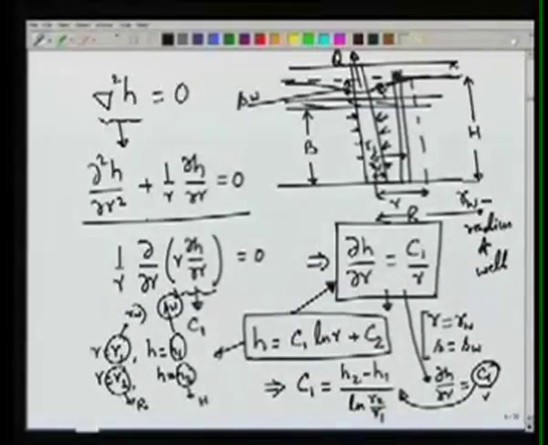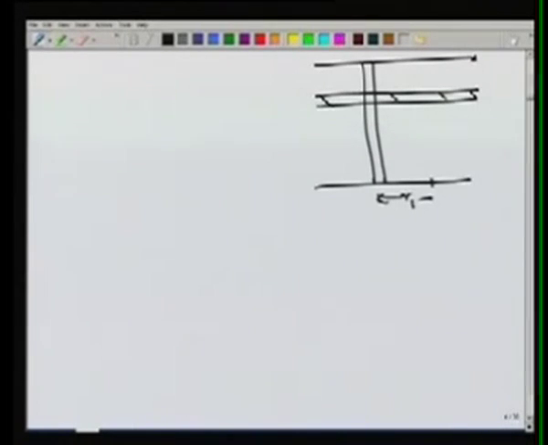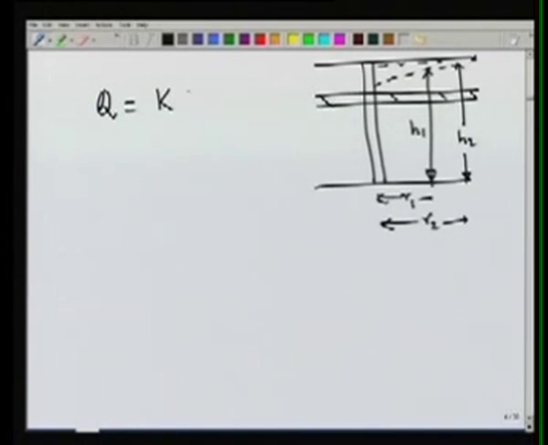So what it tells us is that by measuring the drawdown at two different locations, R1 and R2, so H1 and H2, we can get the gradient del H by del R, and we can also from there write the discharge as K I A.